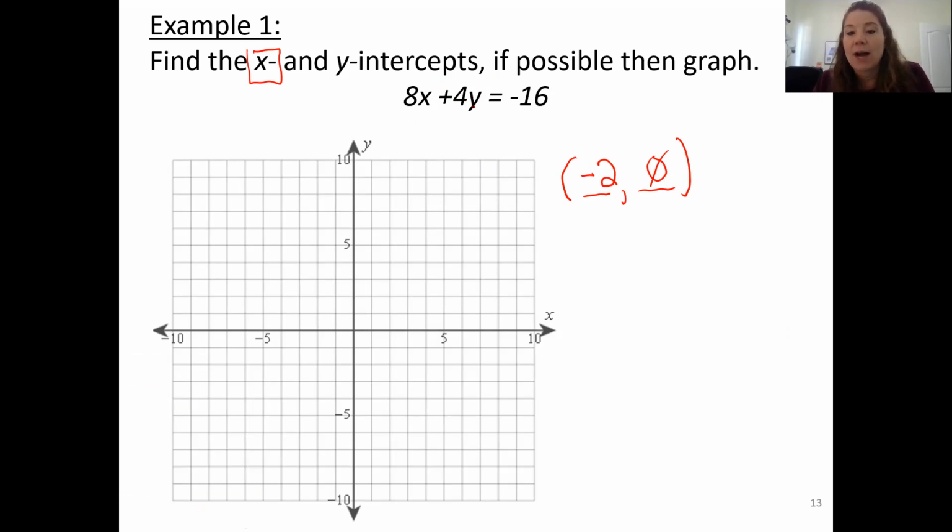So when we find the y-intercept, what happens to our x value? Our x value is 0. So for 8 times x, if I was doing this on my paper, I would just put my finger over 8x and I wouldn't let myself see it anymore. I'm just going to cover it up. And all I want to see is 4y is equal to negative 16.